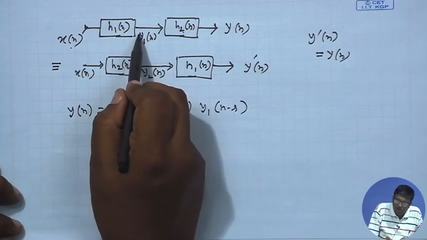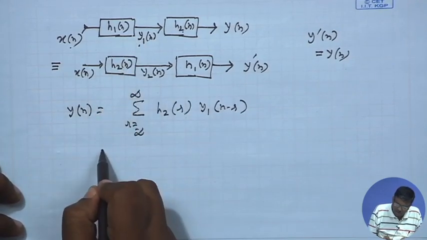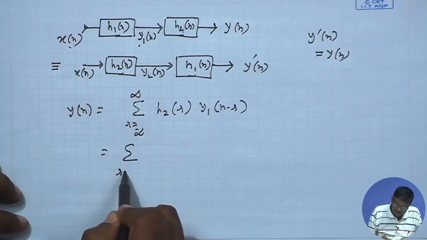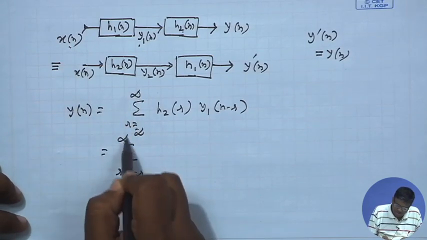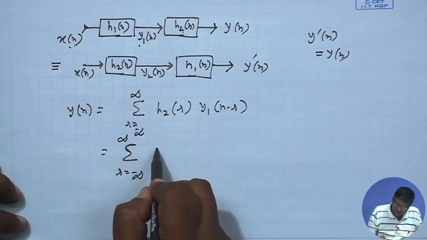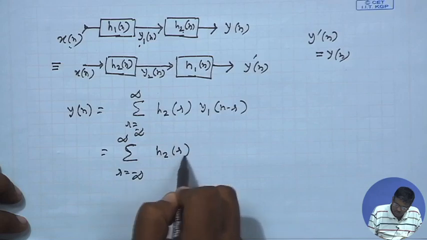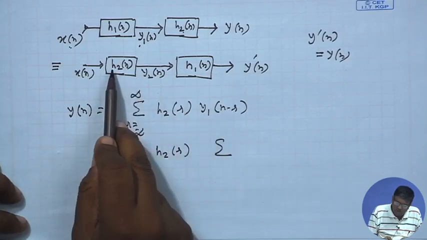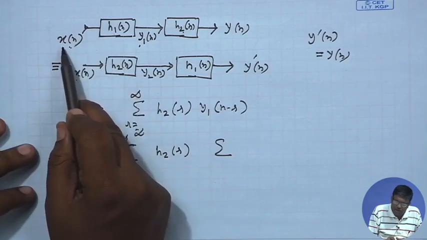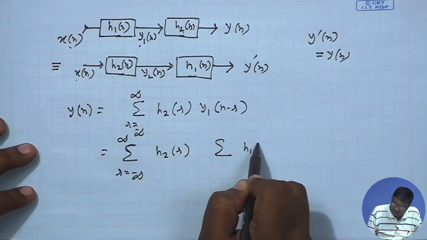What is y 1? It is the convolution between x and h 1, or equivalently h 1 and x. I will prefer h 1 and x.